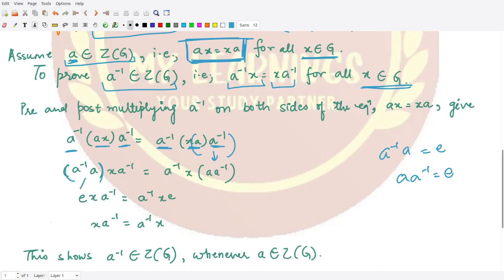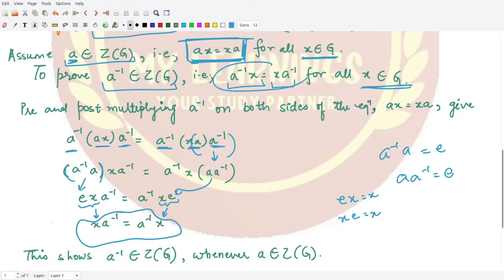So this becomes the identity here, and this also becomes the identity here. Moreover, EX is equal to X only, and XE is also equal to X only. So EX becomes X and XE becomes X, so that we have X A inverse equals A inverse X. And this is what we wanted to prove in this part.